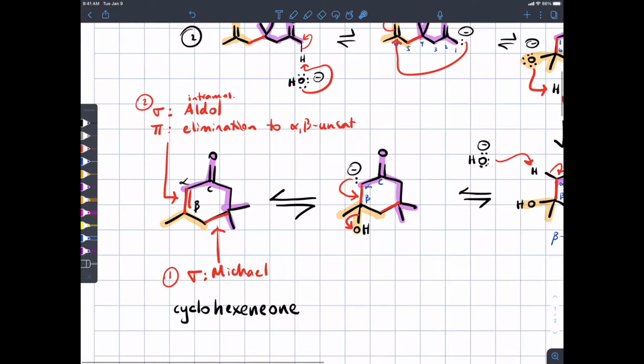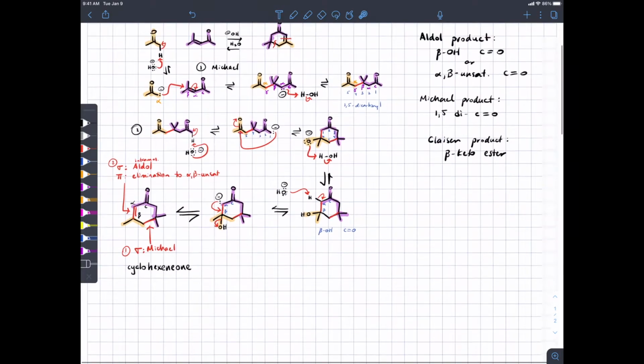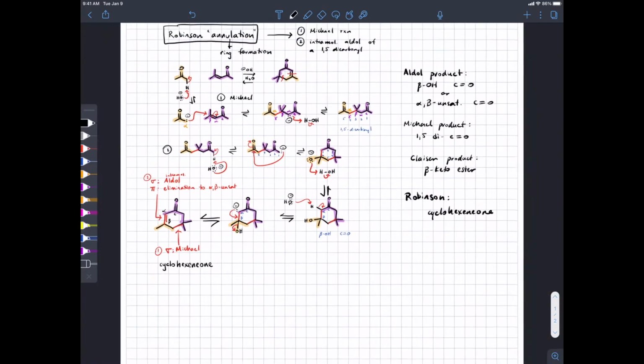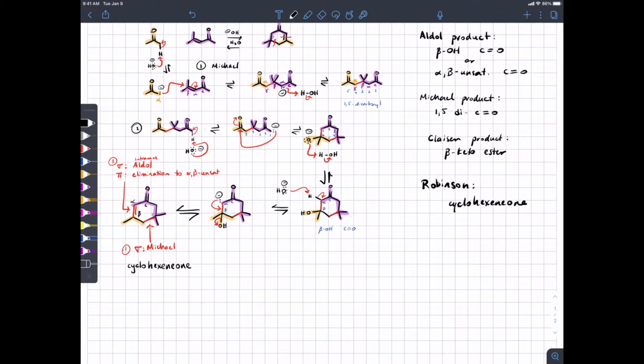Another way of saying that is a cyclohexenone. So, you can put that on your list of structural patterns that you're wanting to recognize, cyclohexenone. Seeing these structural patterns is key to being successful on synthesis problems.